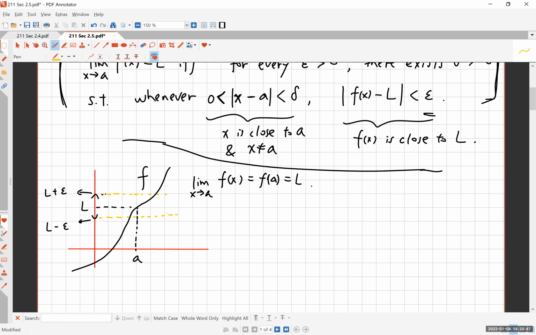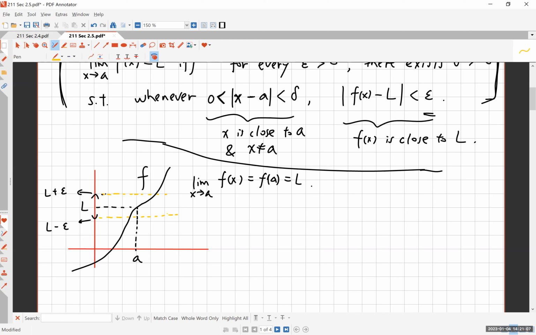What we're doing is trying to establish a target, and it's going to be a really, really small target. Let's say somebody gives you an epsilon that's 0.01, or maybe somebody else gives you an epsilon that's 0.0001, and they challenge you to a duel.